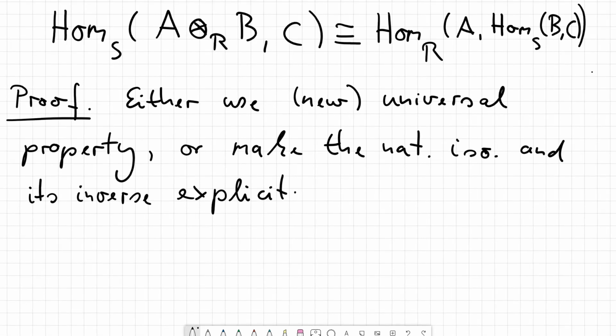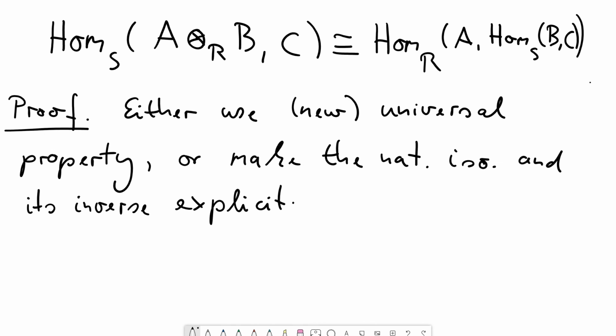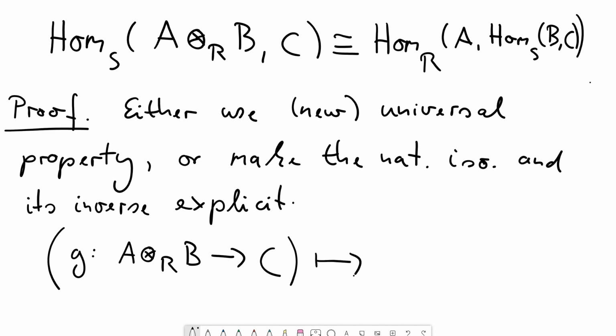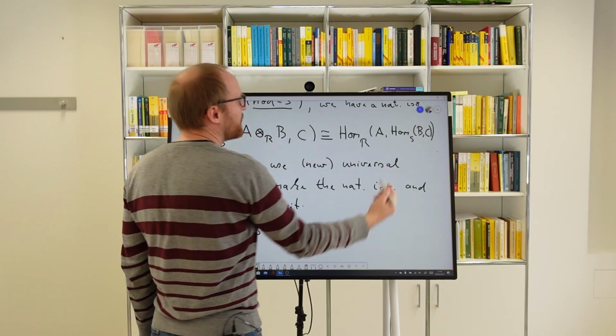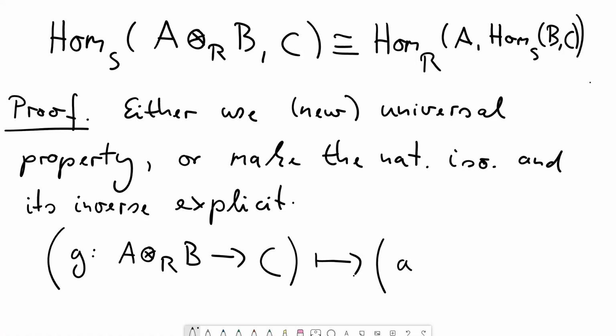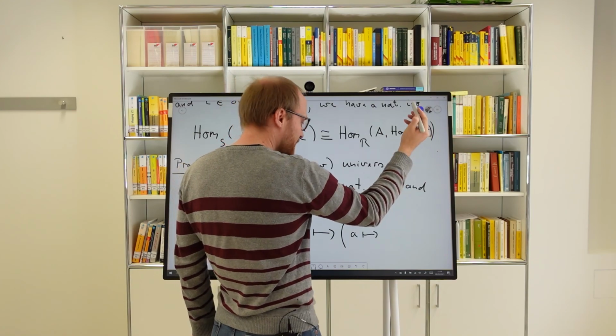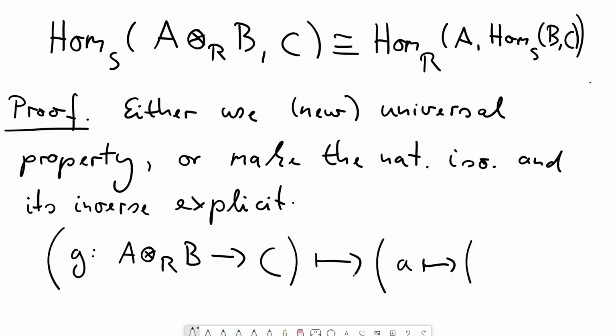Namely in one direction, so say from left to right. So if I have here a right S-module homomorphism G from the right S-module A tensor R B going into C, and I take such a homomorphism and I want to come up with a homomorphism here on the right-hand side. So that means I need to say what it does on an element A. And on an element A, I need to get a homomorphism from B to C. So what does this homomorphism do on an element B?